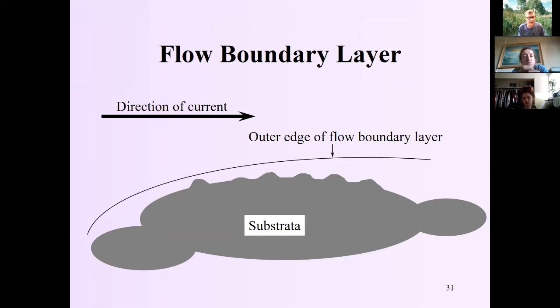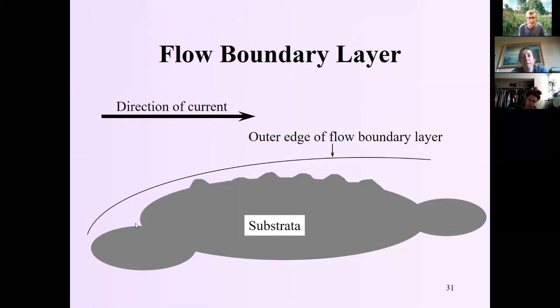In this diagram, we've got a flow from the left to the right, and the outer edge of the flow boundary is seen here. As you can see, if this rock that's in the stream has a high point right here, the flow boundary is going to be considerably smaller.